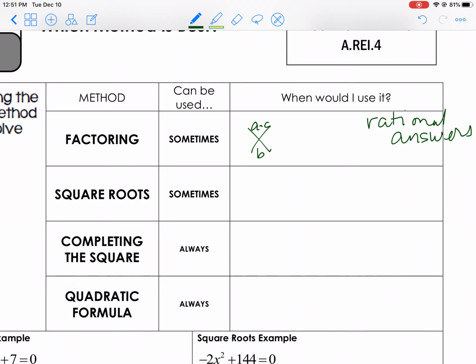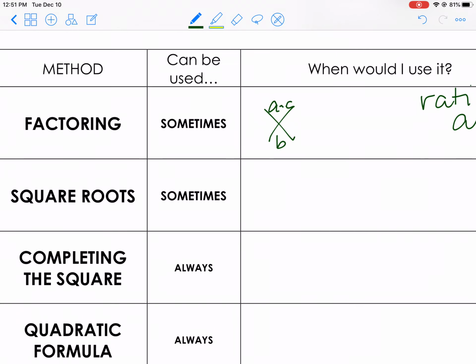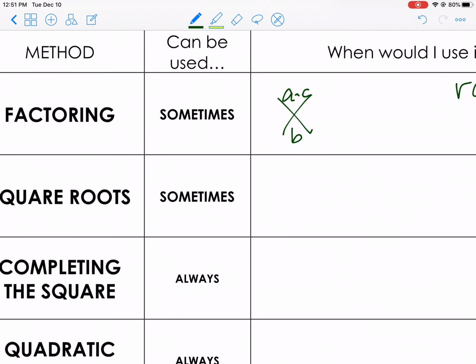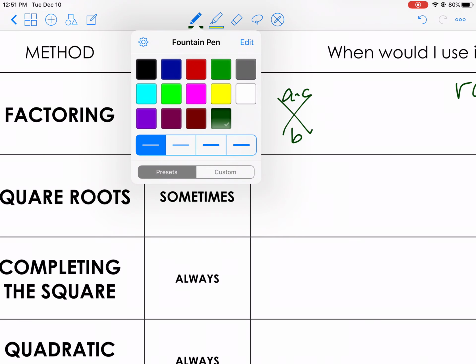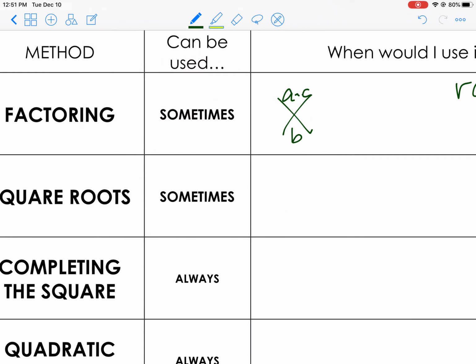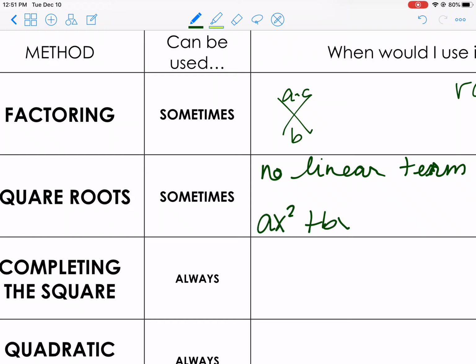Square root method. This one is also really nice and handy, but it has a glaring sort of weakness. It can only solve equations that are missing their linear term. So if we had ax squared plus bx plus c equals 0, this whole thing, x to the first power, missing.